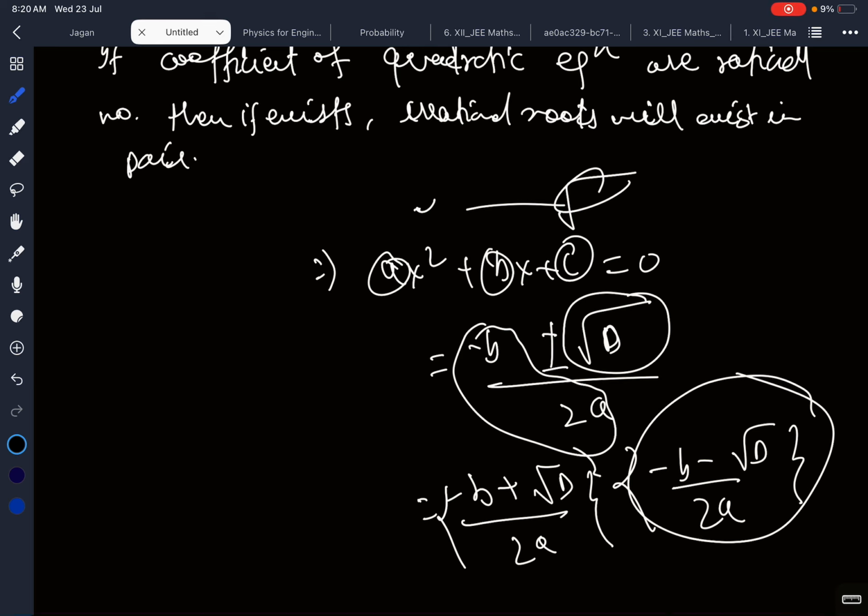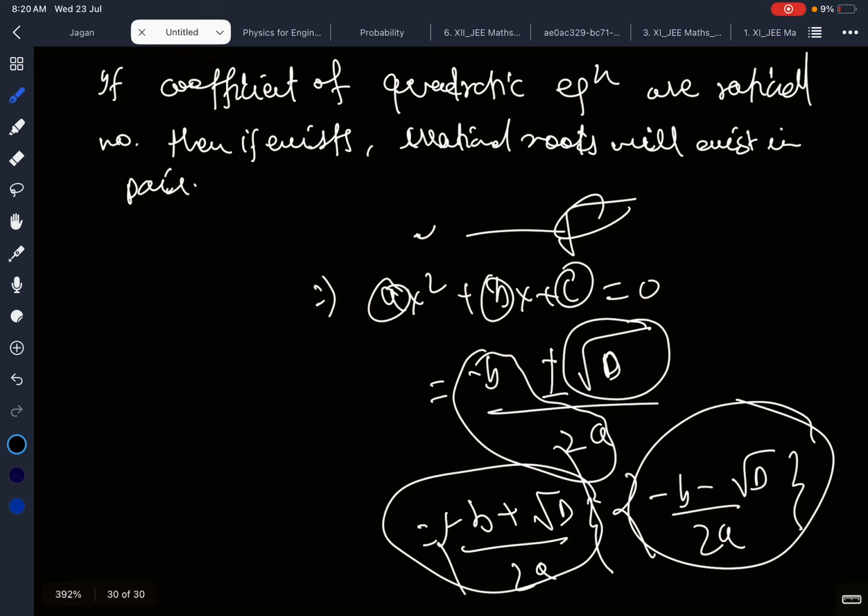So if one root of an equation having rational coefficients is irrational, then the other root will automatically be irrational. So this statement is true. Okay, so that is one of the things, and I will continue in the next class.